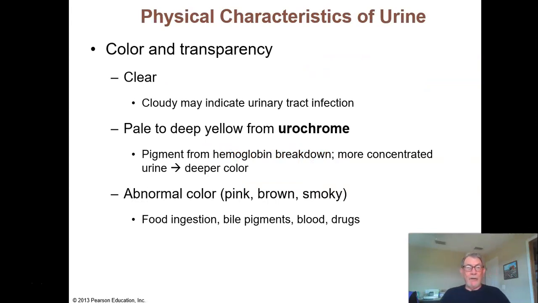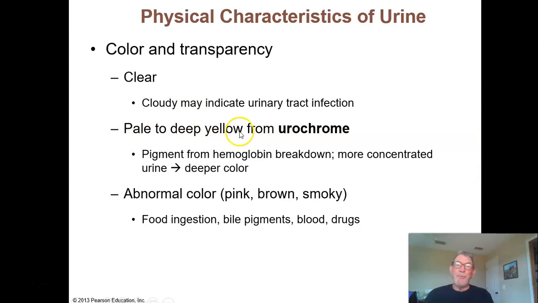We talked about urine before, but we'll talk about it once more. Clear. It shouldn't be cloudy. It shouldn't be pink. It shouldn't be gray. It should be clear, pale to light yellow. Deep yellow means you're somewhat dehydrated. It still doesn't mean that you're diseased, but it'll get pretty yellow if you concentrate it some.